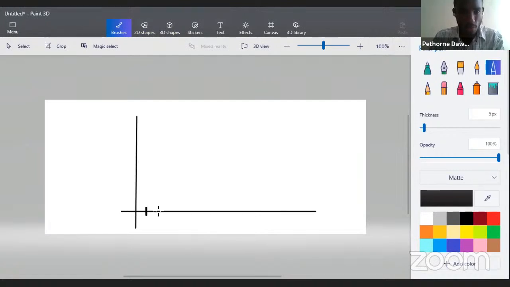Let's see if I can get evenly spaced. One there, two there, three there, four, five there, six. No, that's not straight. Six, seven, eight, nine. That's one, that's a two.